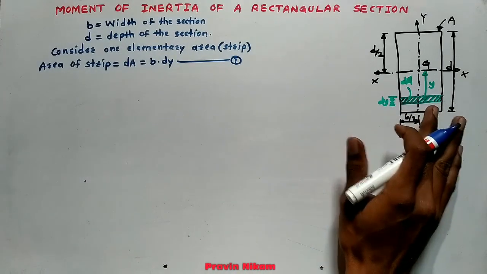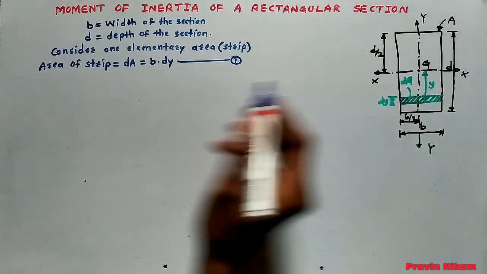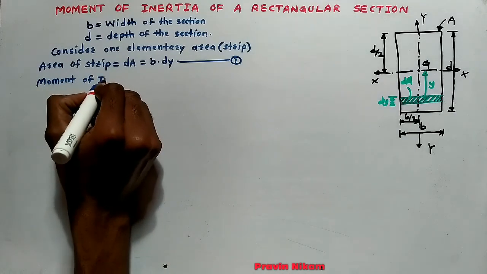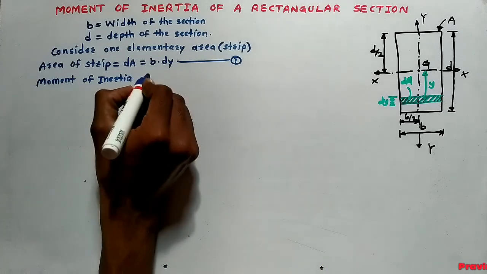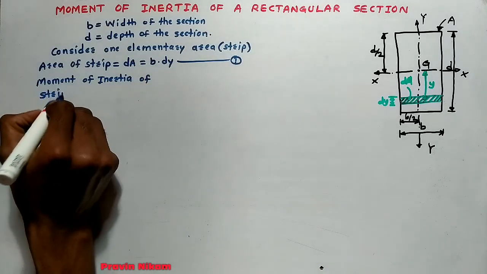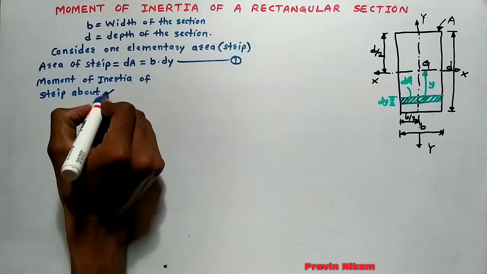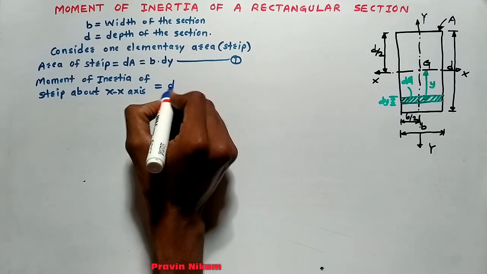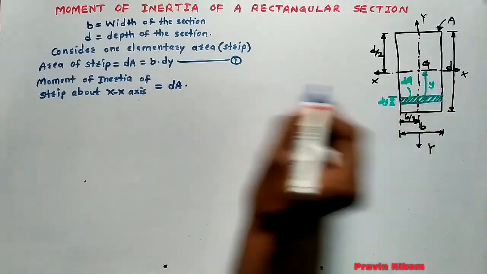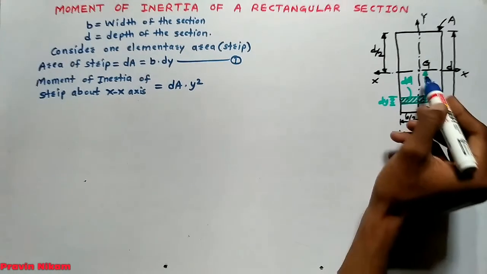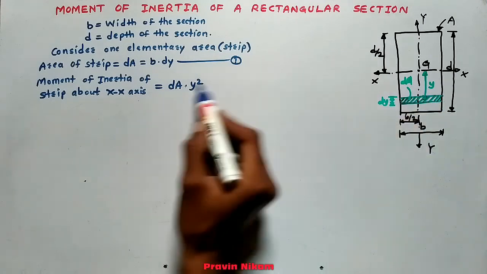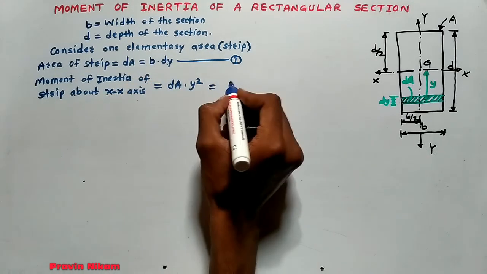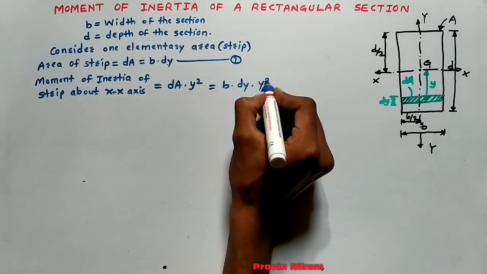Now take the moment of inertia of the strip about the x-axis. It is equal to area of strip into distance squared. The distance is y and the area of the strip is dA, which is B into dy, into y square.